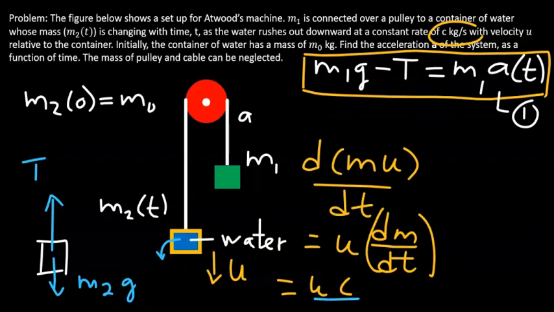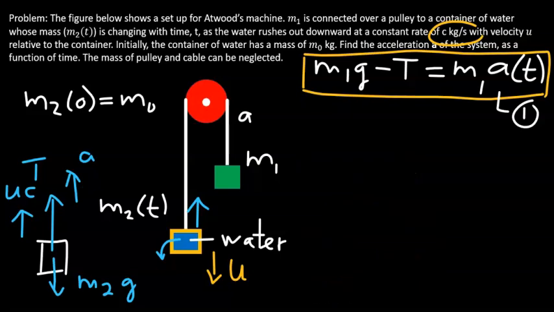This rate of change of momentum, which in fact is a kind of force, creates an upward thrust on m2, and that we have to label in the following manner, that is u times c, and the acceleration is a in an upward direction. So there we have it.